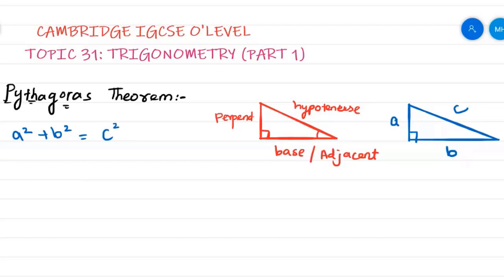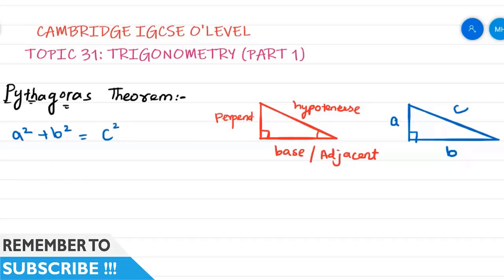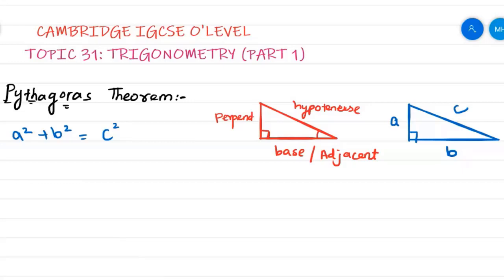Pythagoras theorem is only about the right angle triangle. It states that in a right angle triangle, the square on the hypotenuse is equal to the sum of the squares of the other two sides.